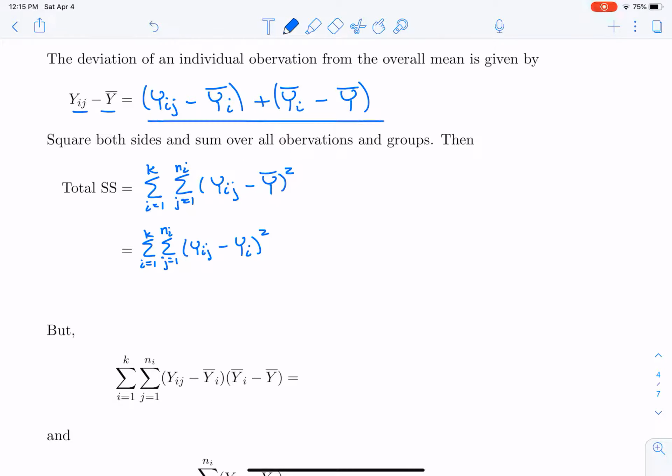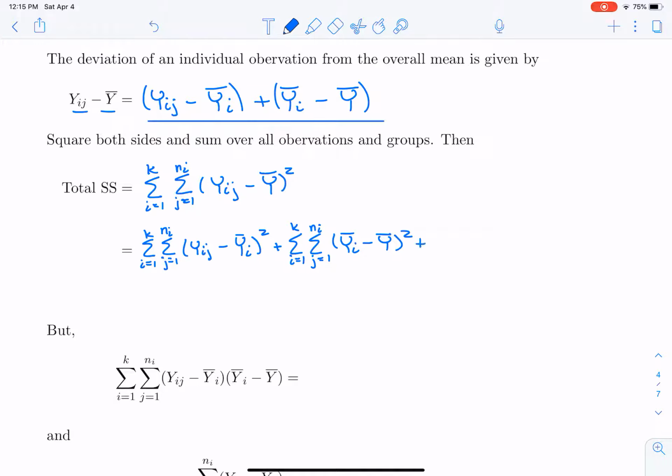It's got 2 pieces. And then I'm going to sum from i equals 1 to k, sum from j equals 1 to n sub i, and I'm going to sum y sub i bar minus y bar, quantity squared.